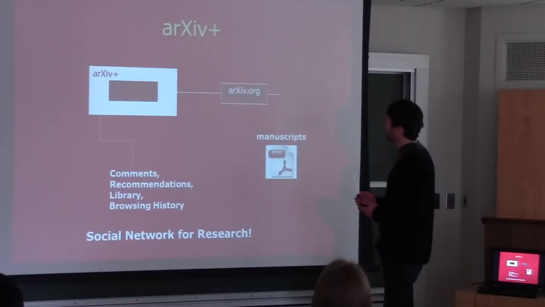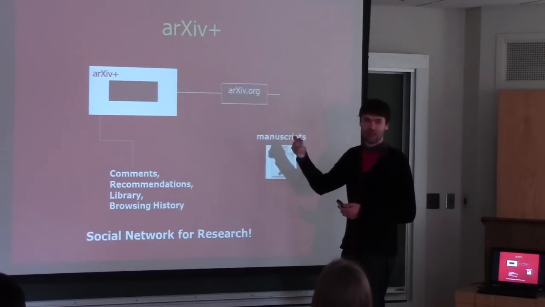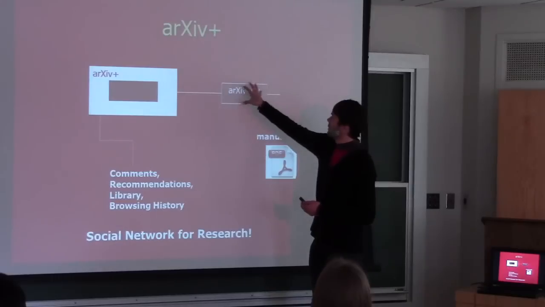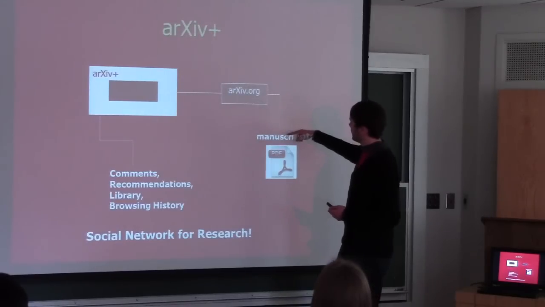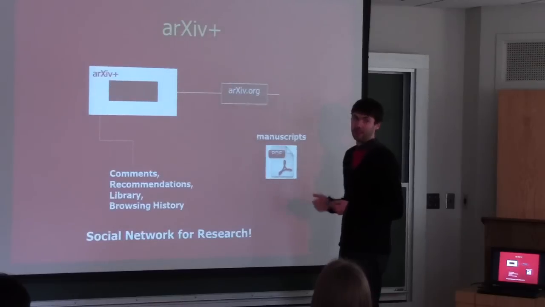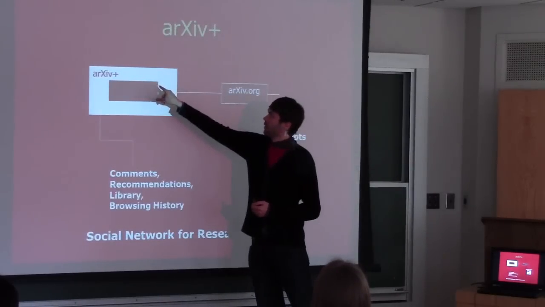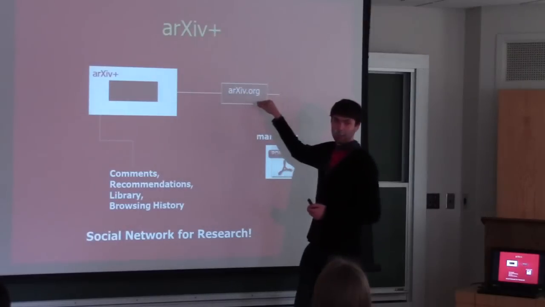And the way it works is it is a shell through which you browse archive. So if this is archive.org and it has a storage for papers with abstracts attached to them, then when you log in through Archive Plus, it retrieves papers from archive.org. Yeah?